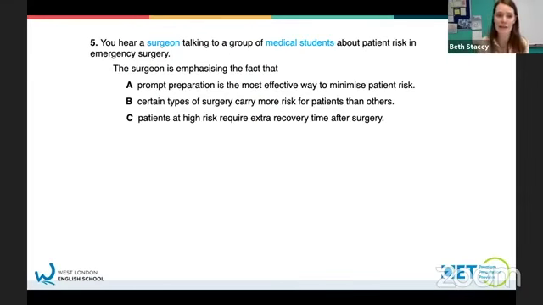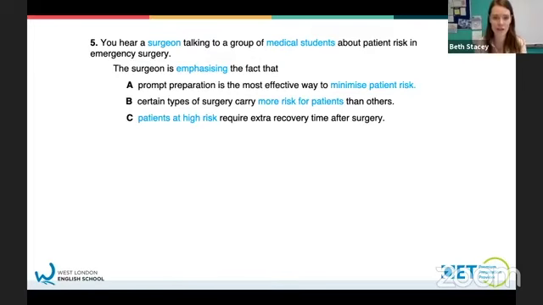Let's look at 5. So we had a surgeon talking to medical students, so some trainees. And the surgeon is emphasizing what? So is he emphasizing minimizing patient risk, more risk for patients at high risk? And we can see here that because in A, B, and C, we've got the word risk, that is going to be a key component to what we're listening to.